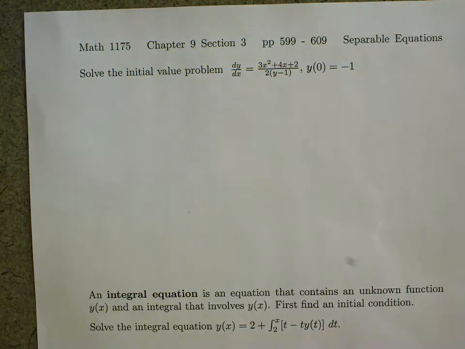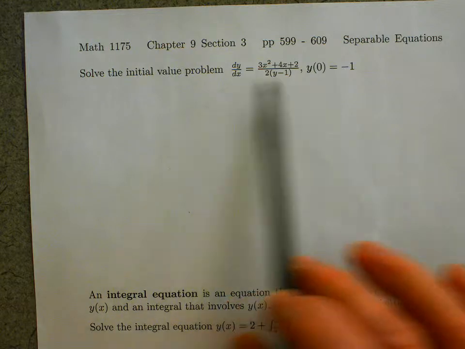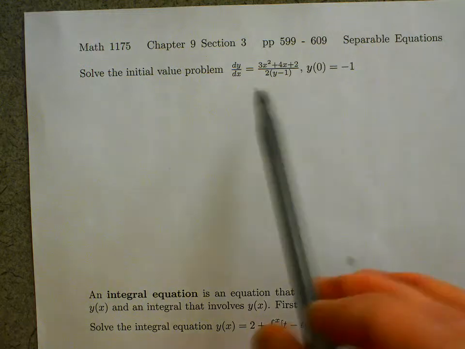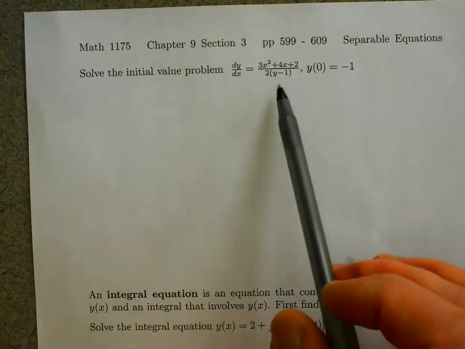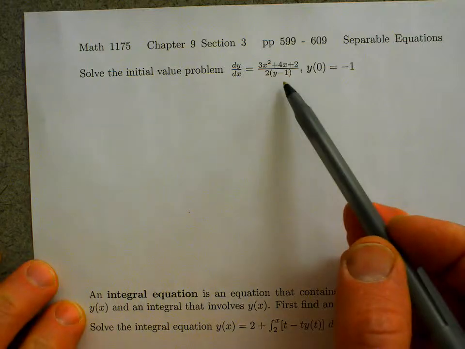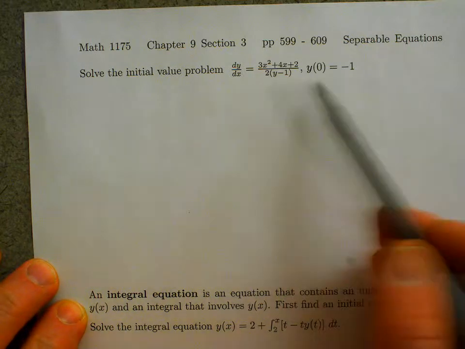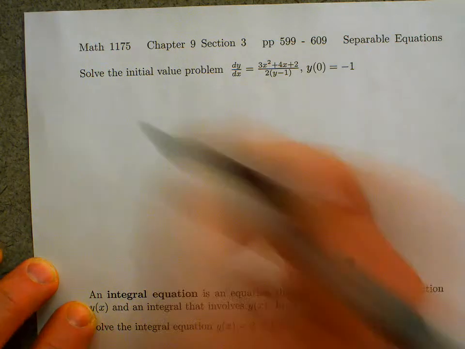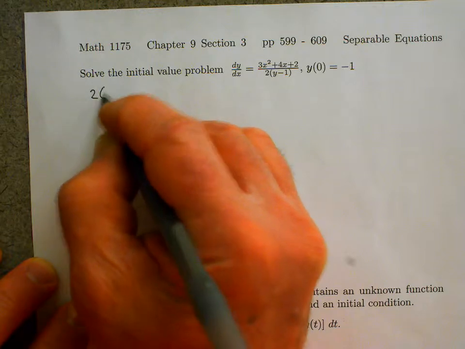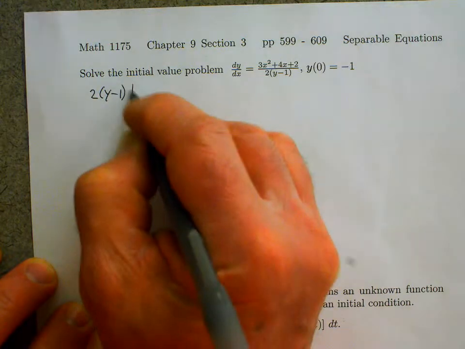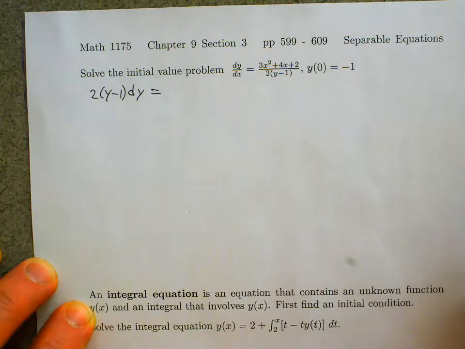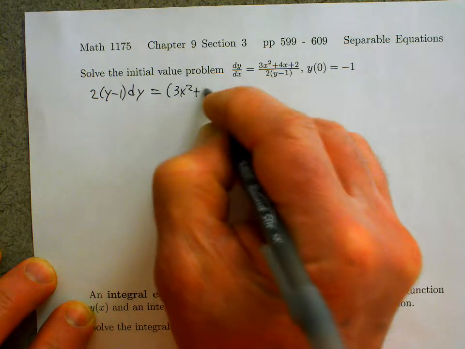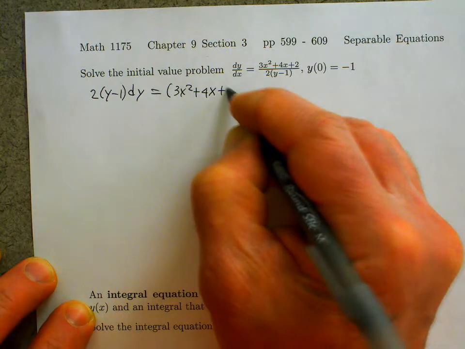Well, depends on what you want to do first, but if we multiply both sides by 2 times the quantity y minus 1, and then multiply both sides by dx, we'll get 2 times the quantity y minus 1 dy, and on the right-hand side, we'll get the quantity 3x squared plus 4x plus 2 dx.